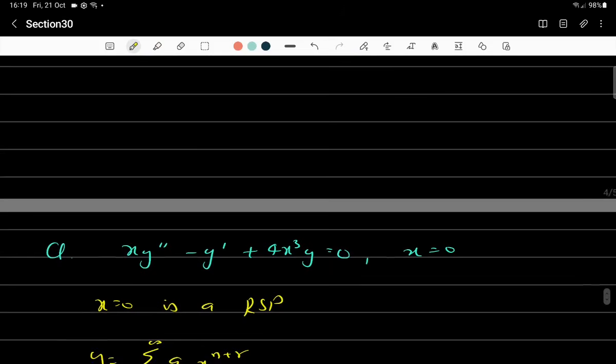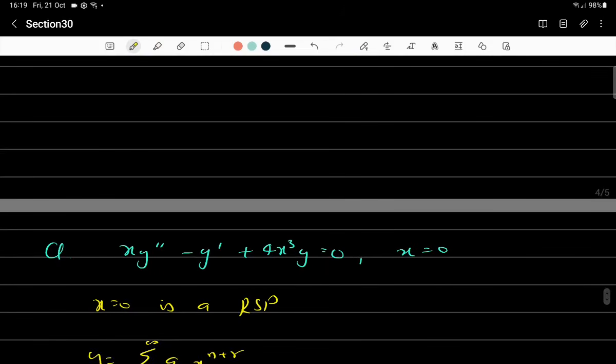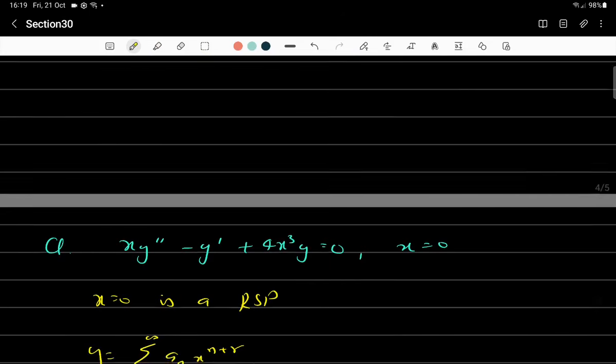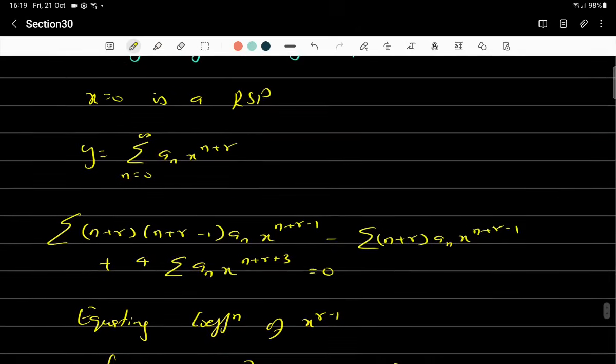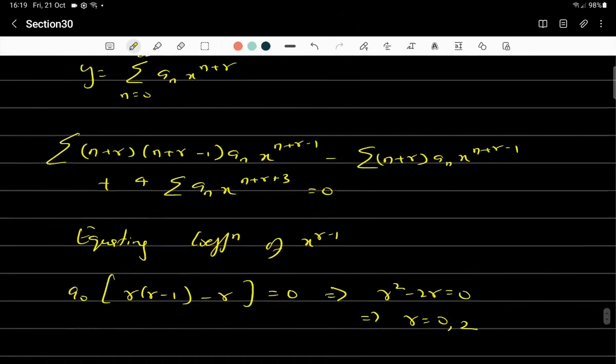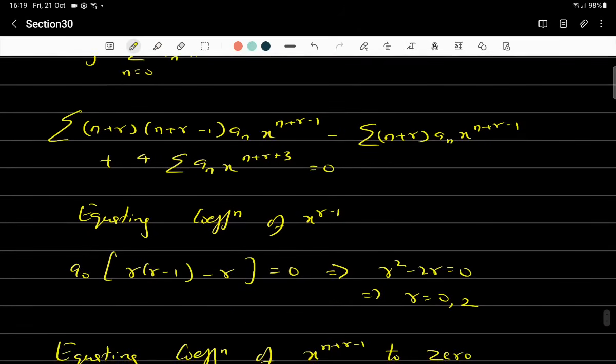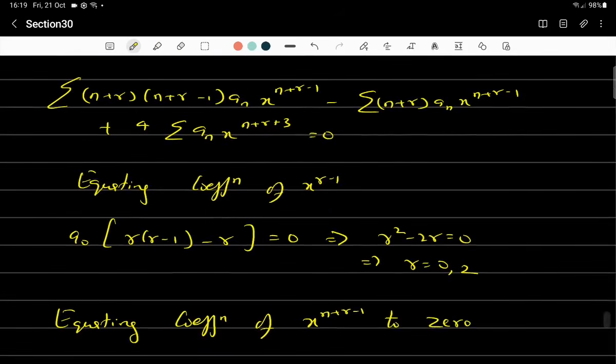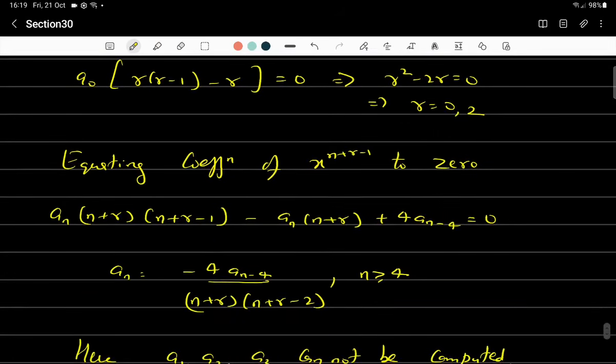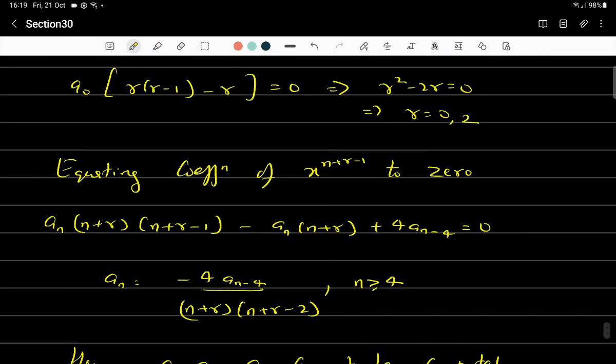Now a1 is 0, it means if you use the recurrence relation, all the other odd terms would be equal to 0. It means your y of x is x raised to the power 1 times a naught times (1 minus x squared over ...), and you compute 3-4 terms, that gives you the required answer.